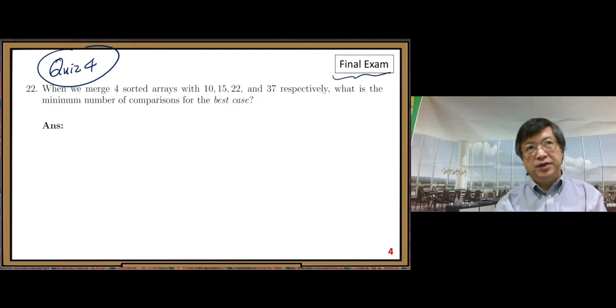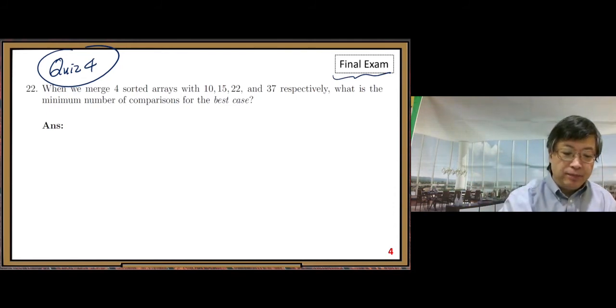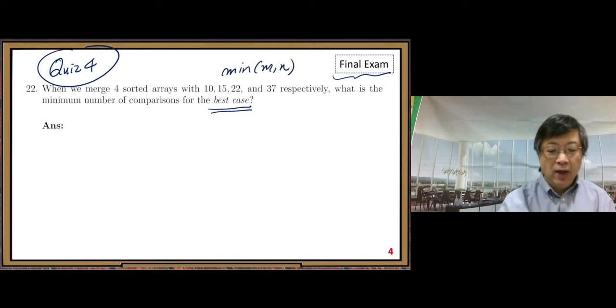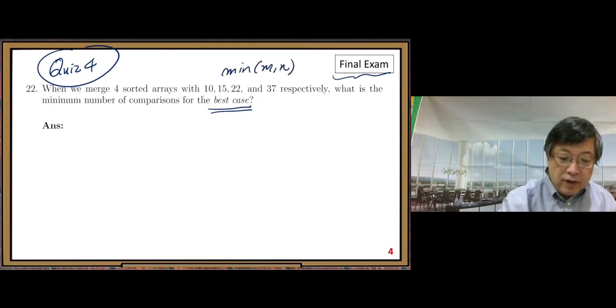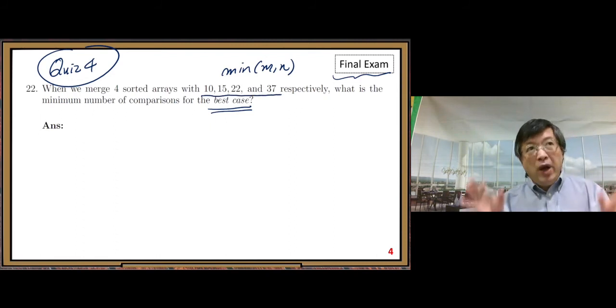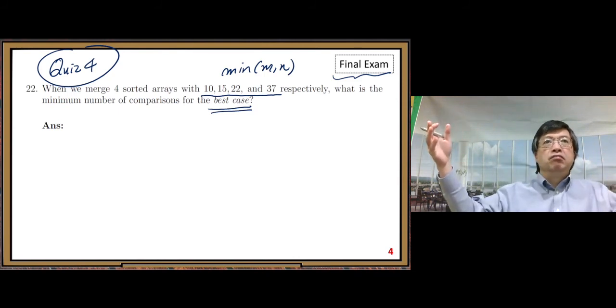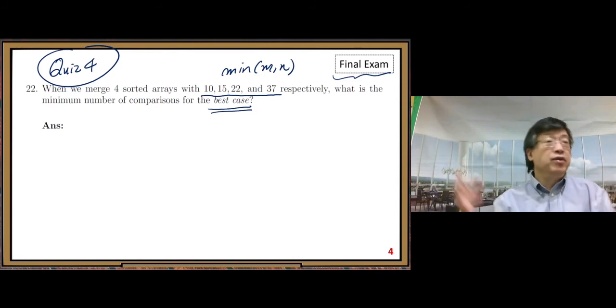All right. So here, for the best case, merge minimum number of comparisons for the best case. So we know we use this formula. But we have 4 sorted arrays. When we merge them, there are so many different ways. But we don't want to try all those ways.